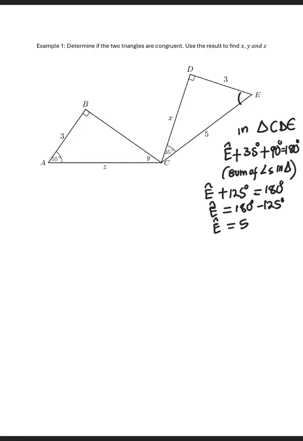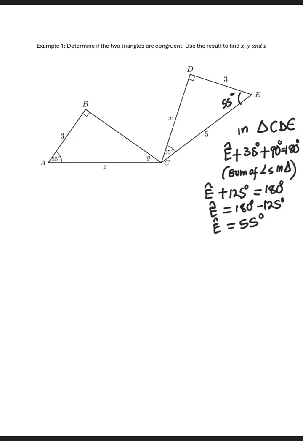So that's 55. So we have 55 degrees here, which corresponds to that one. So we are getting close to basically proving that the two triangles are congruent, right?